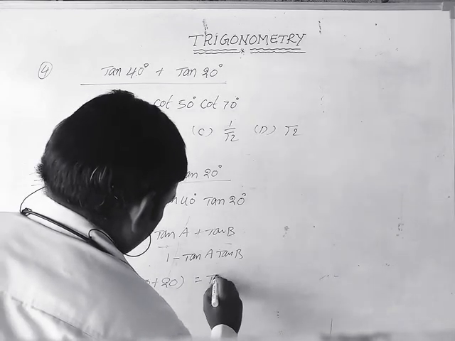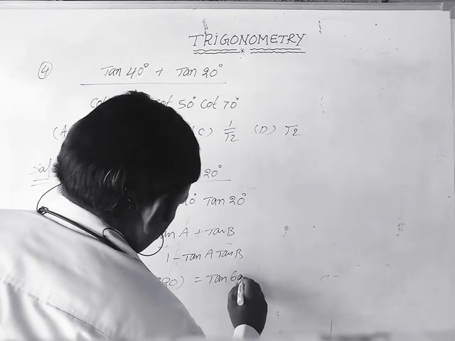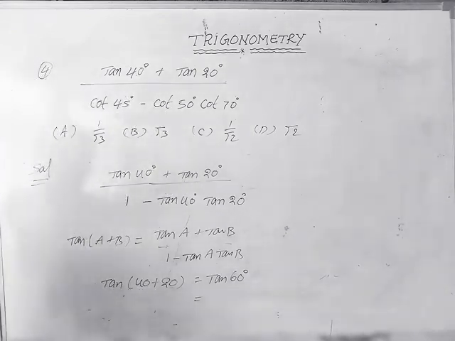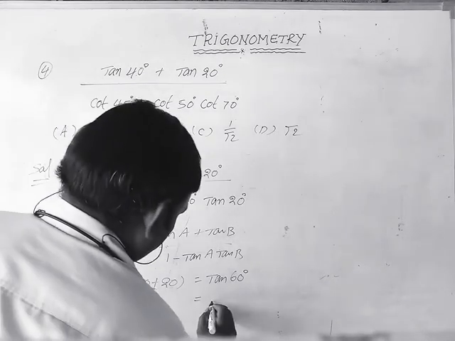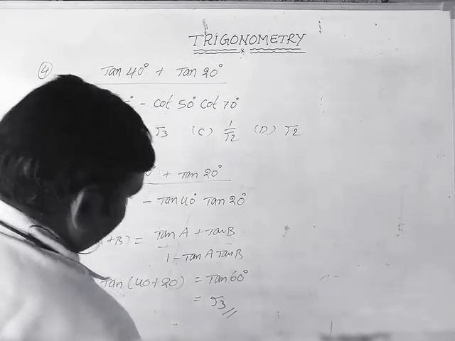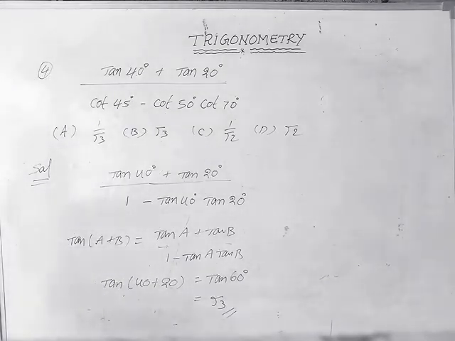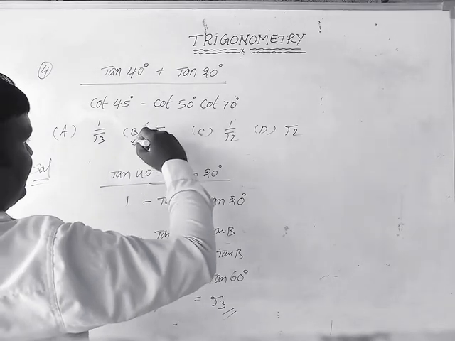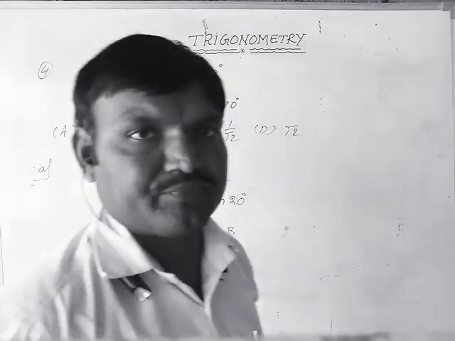This is equal to tan 60 degrees. Tan 60 degrees is root 3. So our answer is B. B is the correct answer.